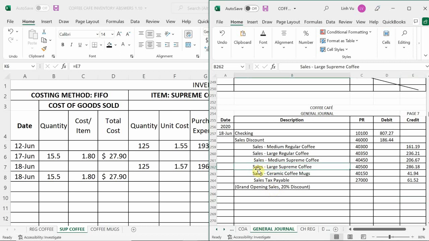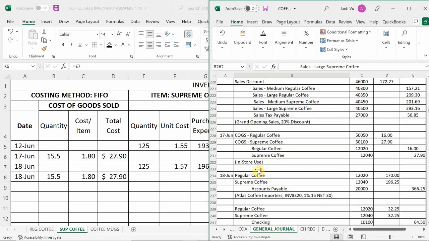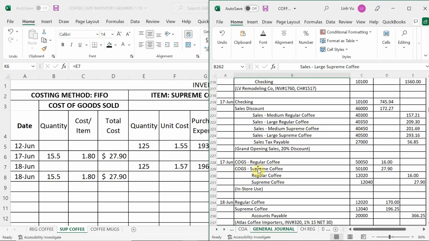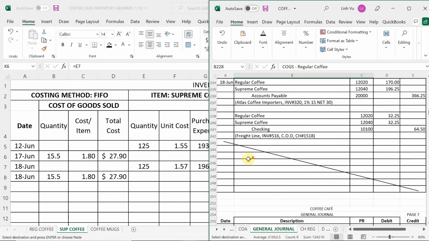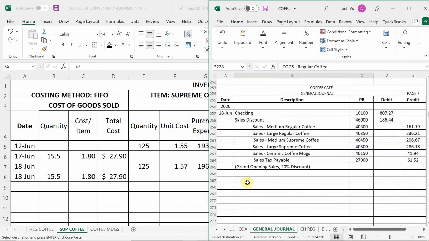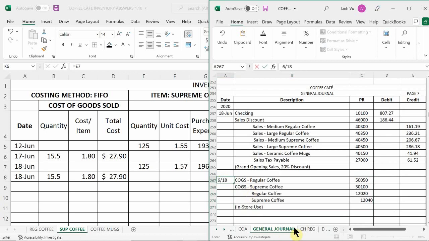So in this case, I need to do this right here, to reflect the amount of coffee that I used for my sales.